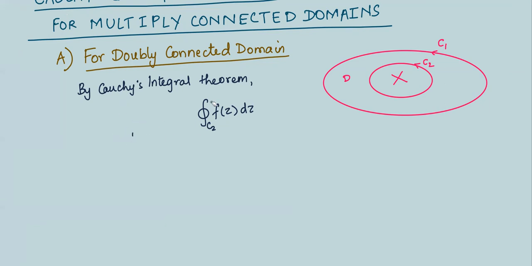Let us do this. What we will do now is make one small cut. You see this? A very thin cut, an extremely thin cut. Here there will be a gap. I'm not showing the gap here.